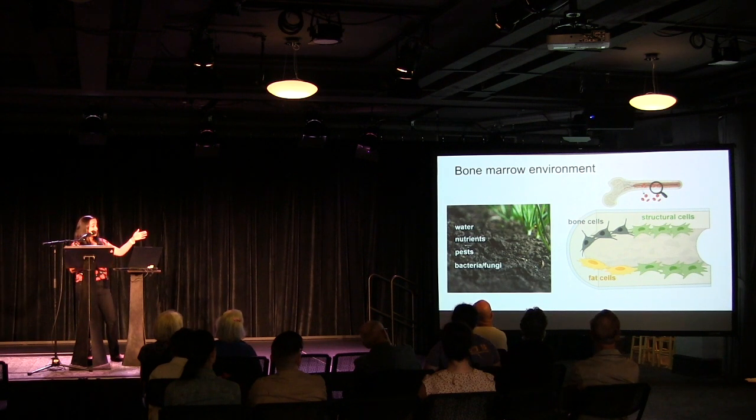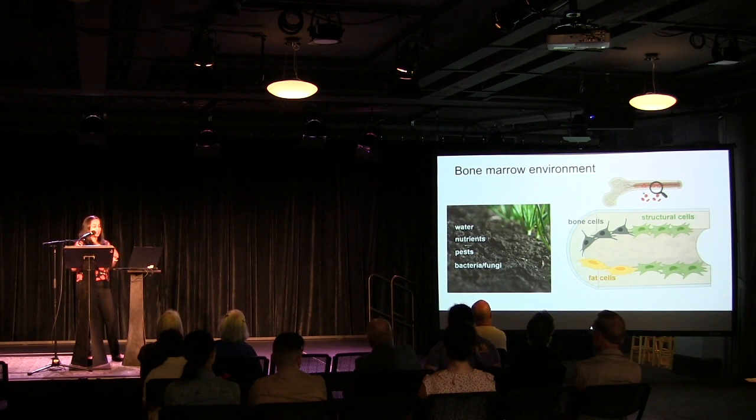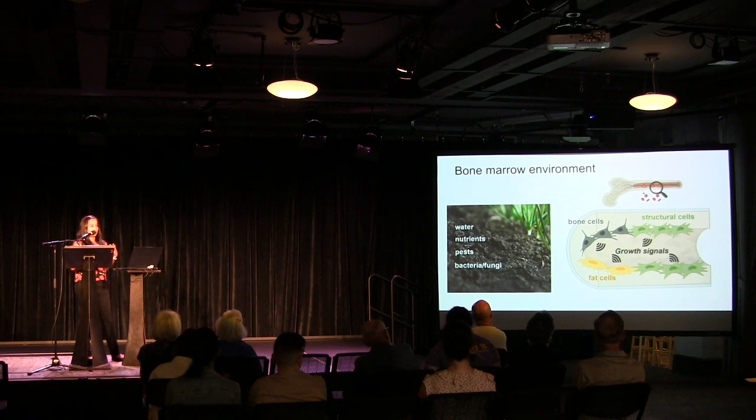So as you see here, the bone marrow environment has bone cells, fat cells, structural cells, and all of these cells are in constant communication with each other, releasing growth signals or environmental cues that are really crucial for blood cell formation and growth and development. So you can think of these growth signals as environmental cues for the blood, just how components in the soil can be environmental cues for the growth of the plant.